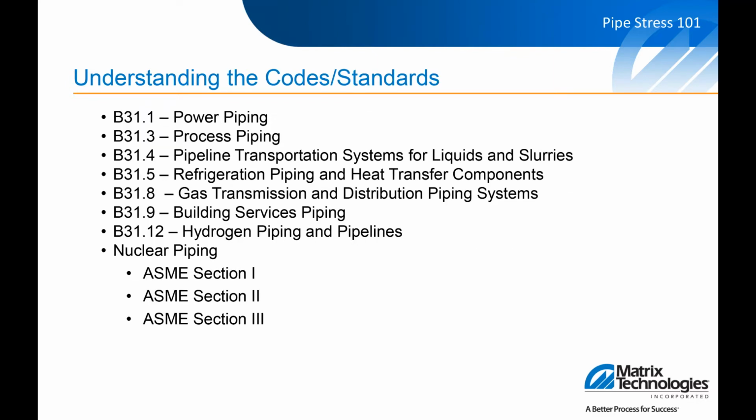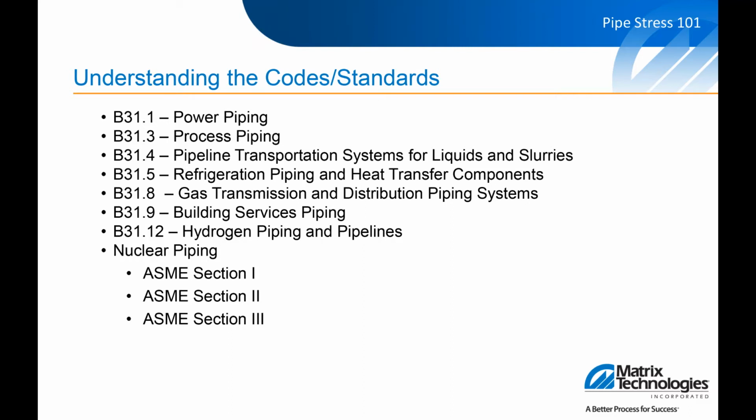So, like Brandon mentioned, we try to do everything to a code, some kind of standard, because that's our pathway. It helps us cover all the bases and make sure we don't leave anything out. Now, there are a lot of different codes for piping: power, process, liquid pipelines, gas pipelines, refrigeration, nuclear piping.